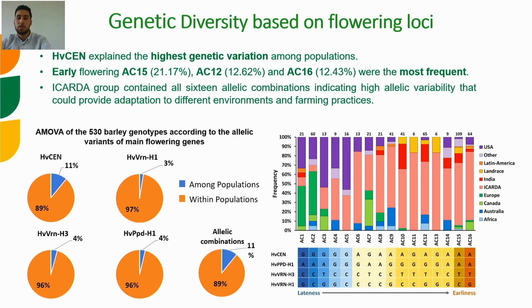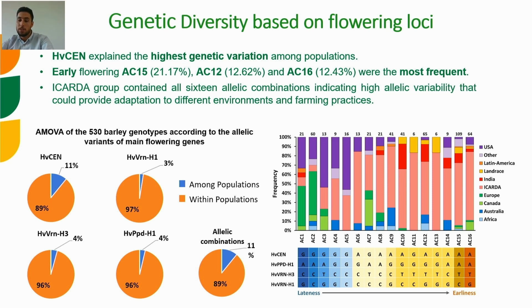We evaluated the genetic diversity based on 4 SNPs previously identified as linked to major flowering genes and their generated allelic combinations. In total, we identified 16 allelic combinations. The SNP linked to each VCAN explained the highest genetic variation among populations, similarly to all 16 allelic combinations together.